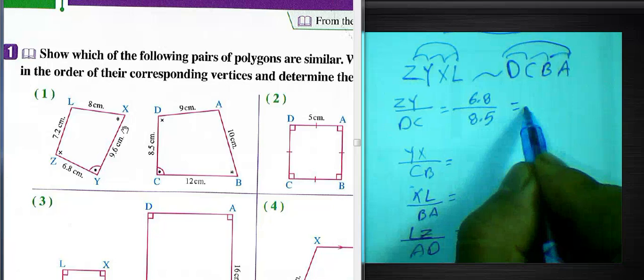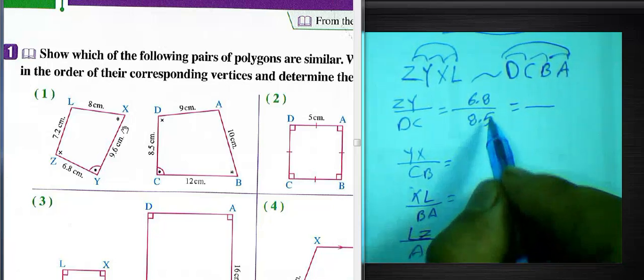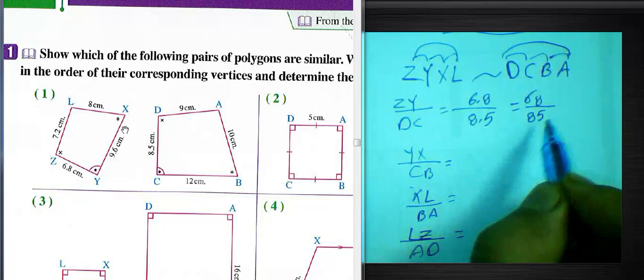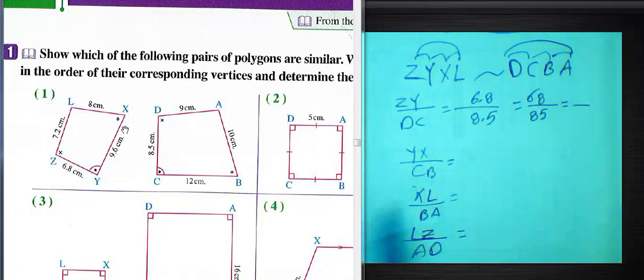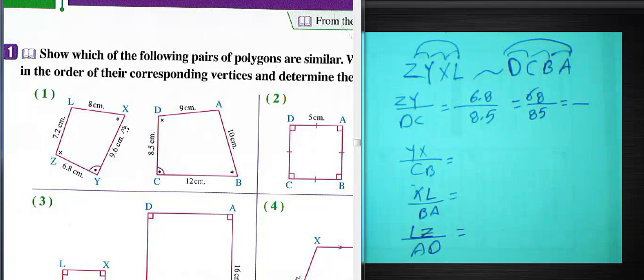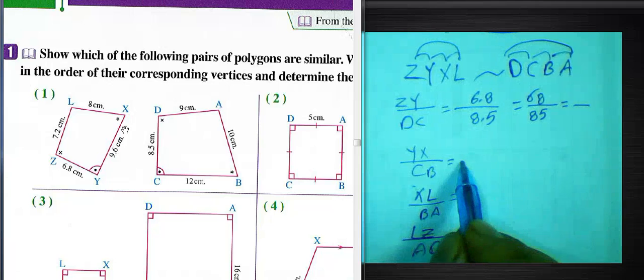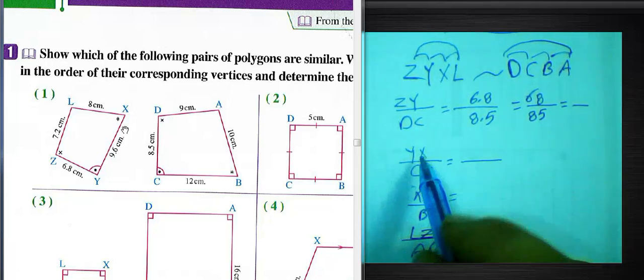We can find the ratio: we cancel the decimal point by multiplying by 10, giving 68 over 85.